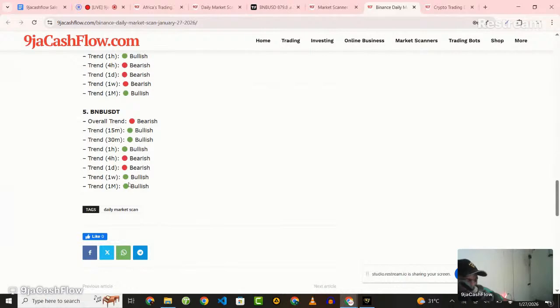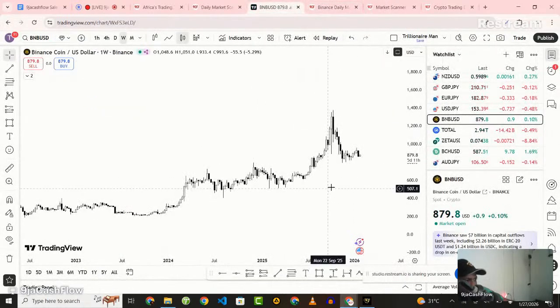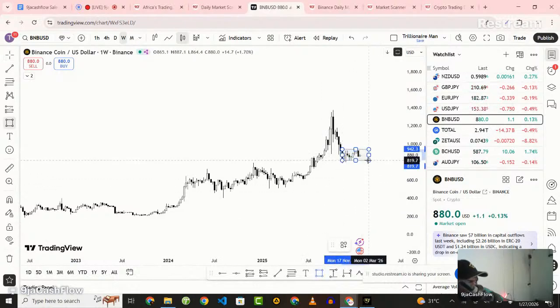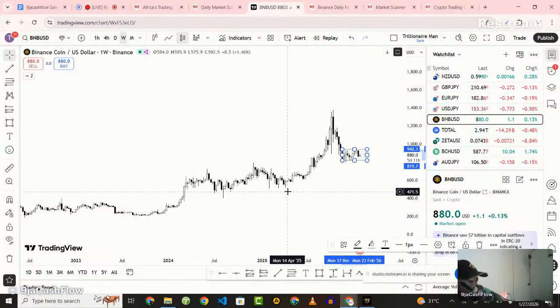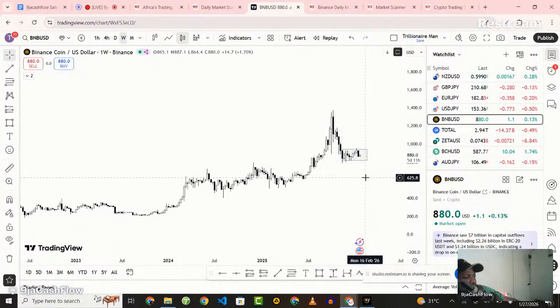Weekly is still bullish, as you can see. We have not seen a lower low, although it seems we are consolidating here. It's still higher low, higher high, higher low, higher high. So this is more of a lower low, but we need one more.